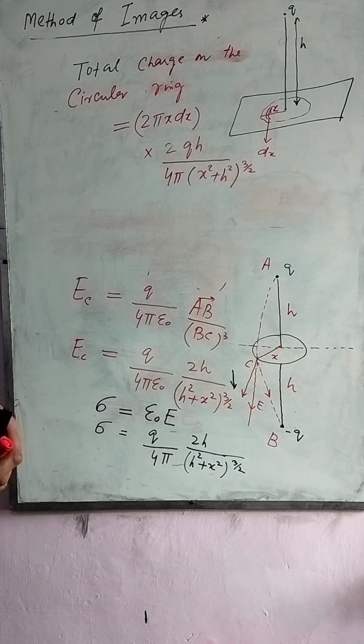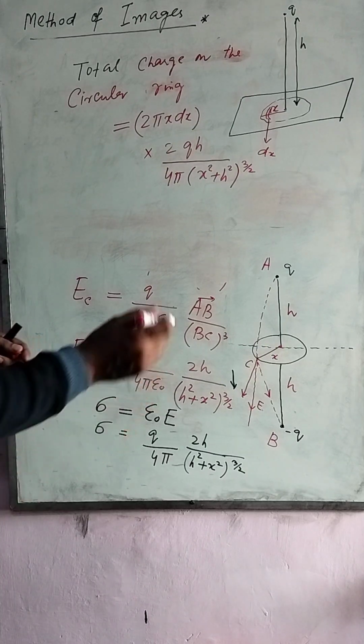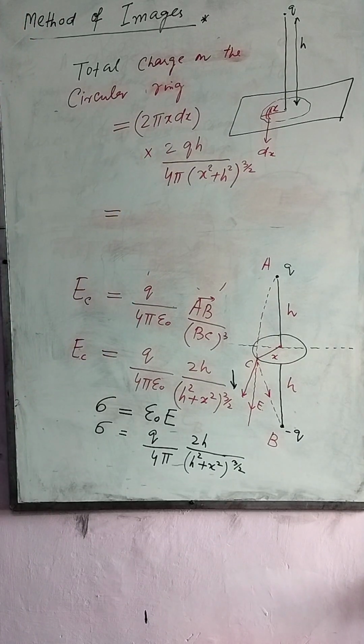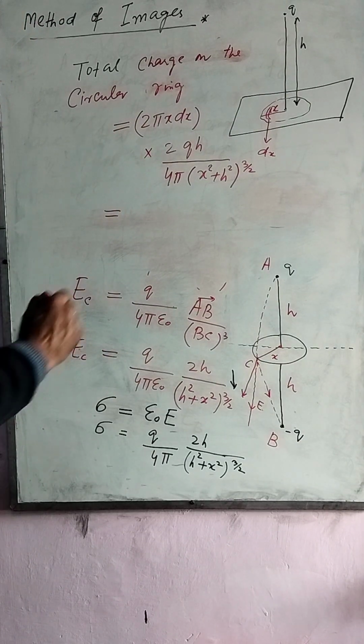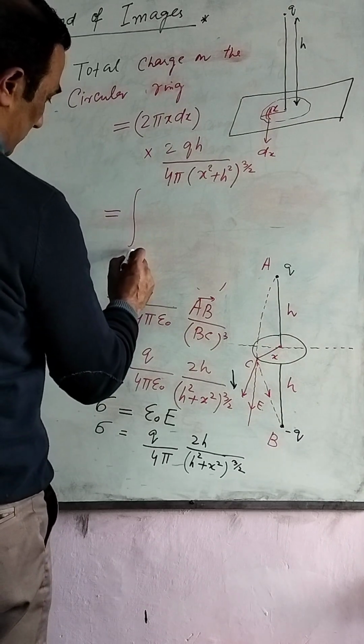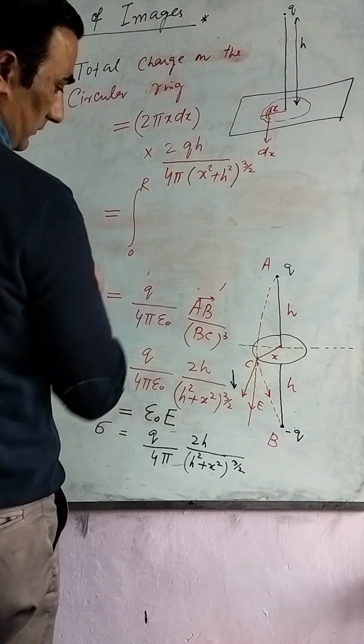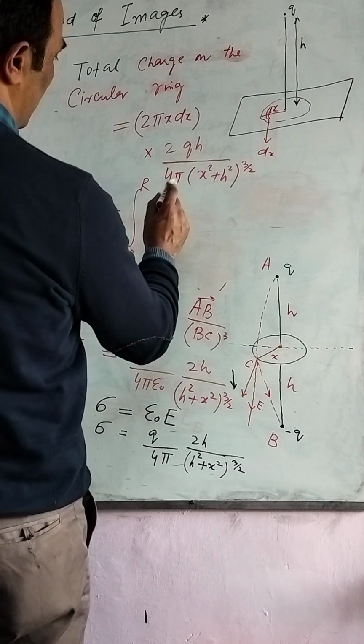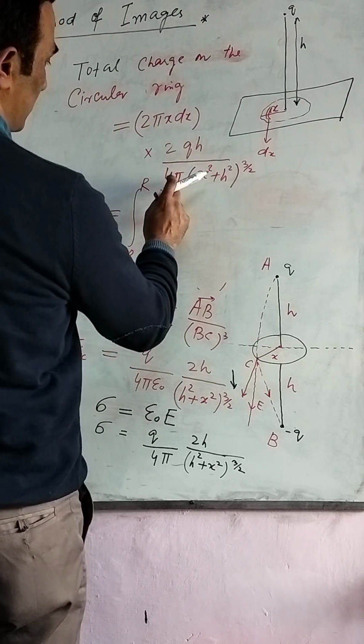So you can write this as, so this will be equal to, if you calculate the total charge density here, that will be from 0 to r. You can write that this is the radius. That is because 2 pi and 1 will cancel.